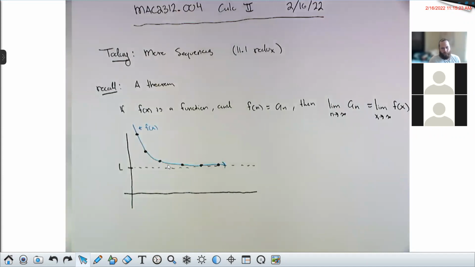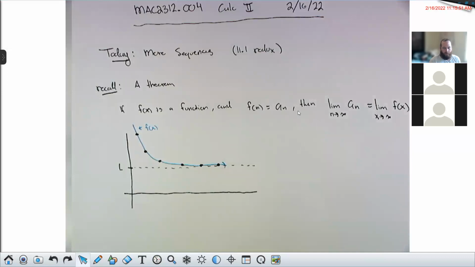But there is a way to differentiate the blue curve, right? There is a notion of tangent line at this point for the blue curve. And so what this theorem does is it lets us say, all the stuff that we learned about limits at infinity in section 2.6 regarding functions of a continuous variable can be applied to sequences by, instead of thinking about the dots, thinking about the curve.